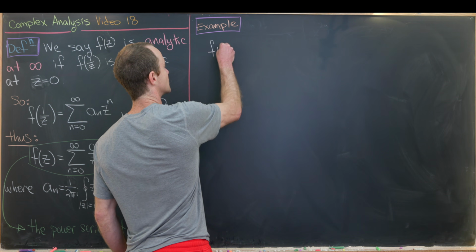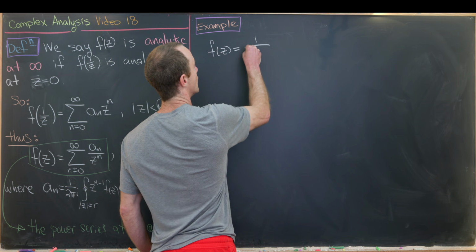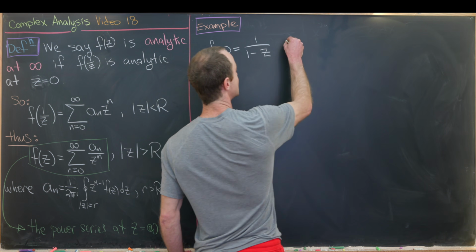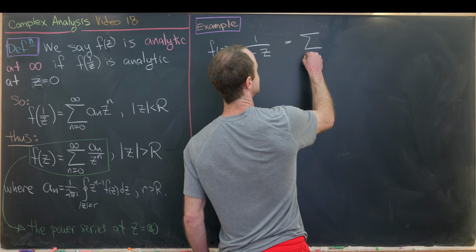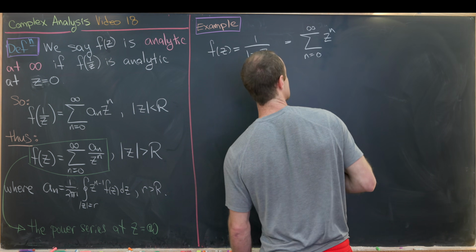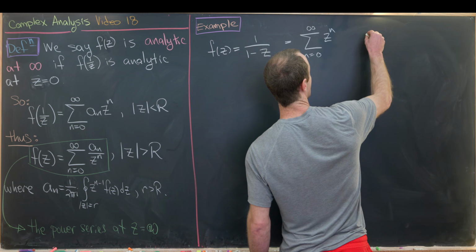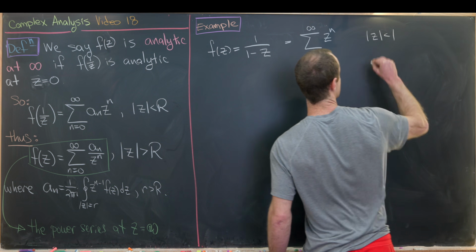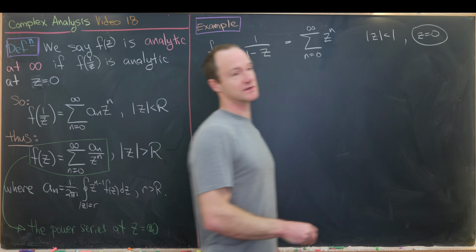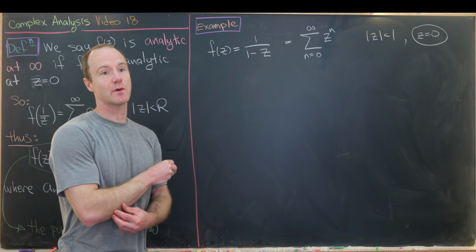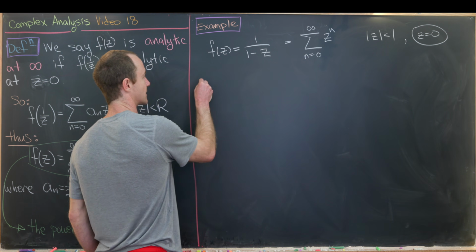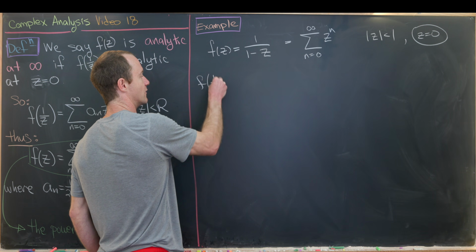So we'll start with the function f of z, which is 1 over 1 minus z. So we know that this can be expanded via a geometric series as the sum as n goes from 0 to infinity of z to the n, where the modulus of z is less than 1. So that would be a series expansion about z equals 0. But this thing is also analytic at infinity, which we can check using our definition over here. So let's look at f of 1 over z.